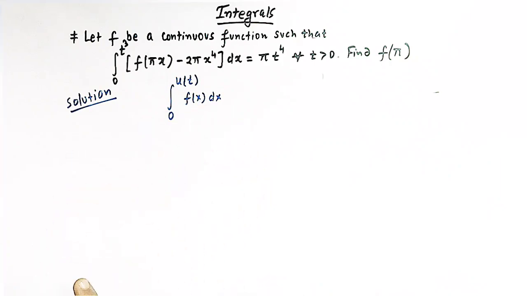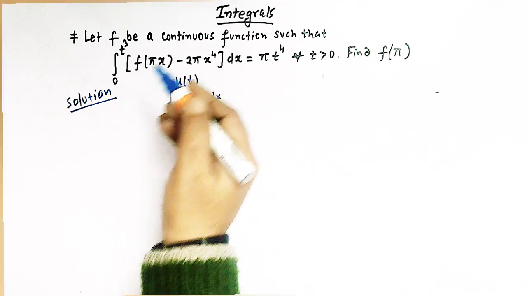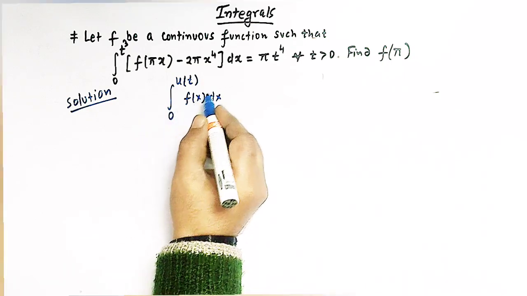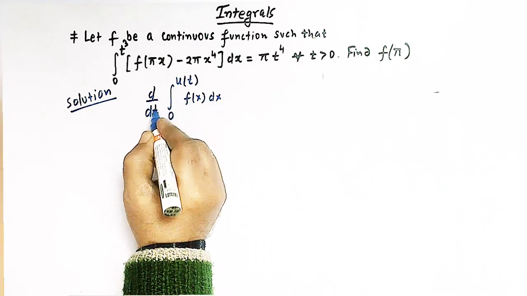So here we are not taking the general Leibniz integral rule, and here we are taking a particular case of Leibniz integral rule where the lower limit is 0 and the upper limit is a function of t, right? And if we wish to differentiate this function with respect to t, right?